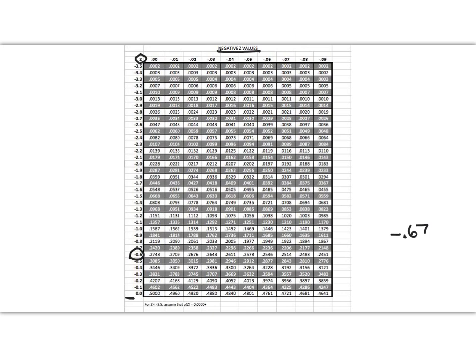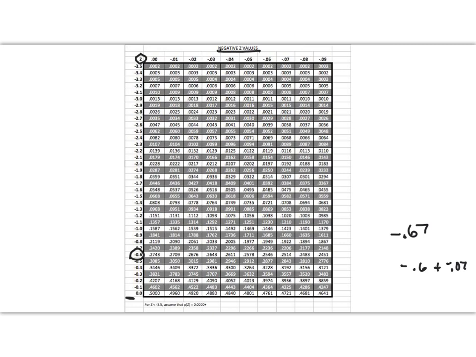All right, but I want -0.67, and to do that I have to find the 0.07. So I'm going to go across the top. Here I have 0.00, 0.01, 0.02, all the way down to here, 0.07.